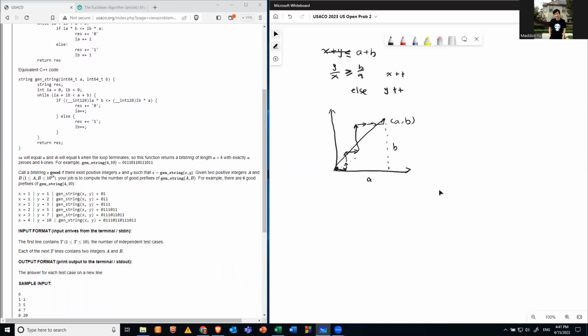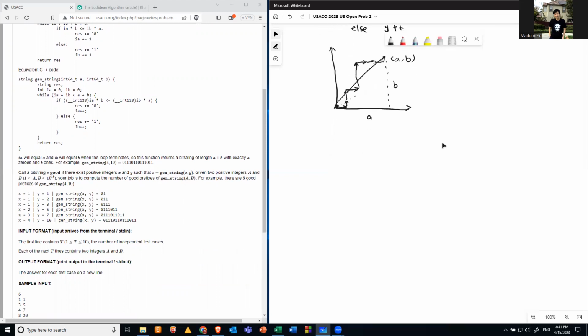So how do I do this? Let's start with a simple case. Let's use this function f(x,y) as the answer. Let's say x and y are the same. In this case, my slope is 1, right?